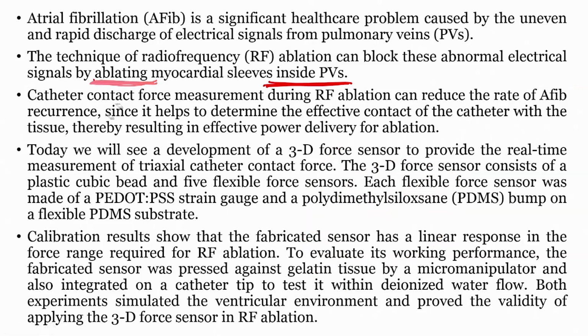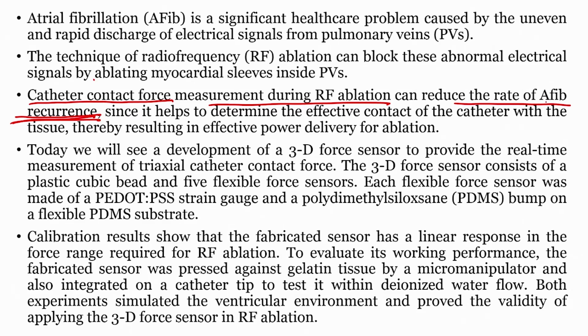So, catheter contact force measurement during RF ablation can reduce the rate of AFib recurrence, because with the help of force sensing we know how much force a clinician is applying. So, an optimized force can be applied with the help of catheter contact force sensing.